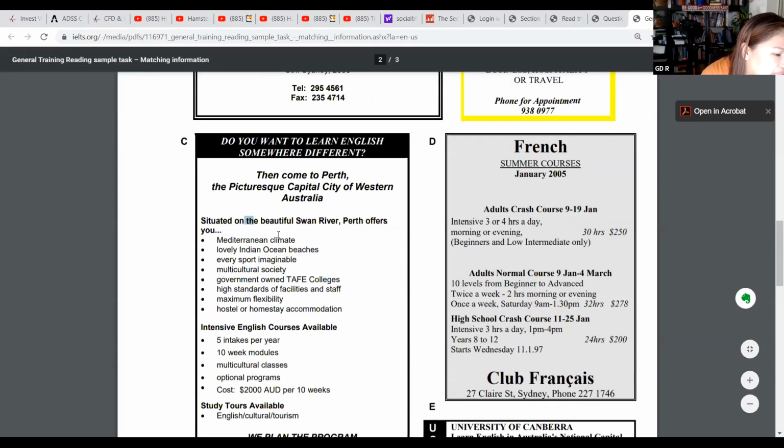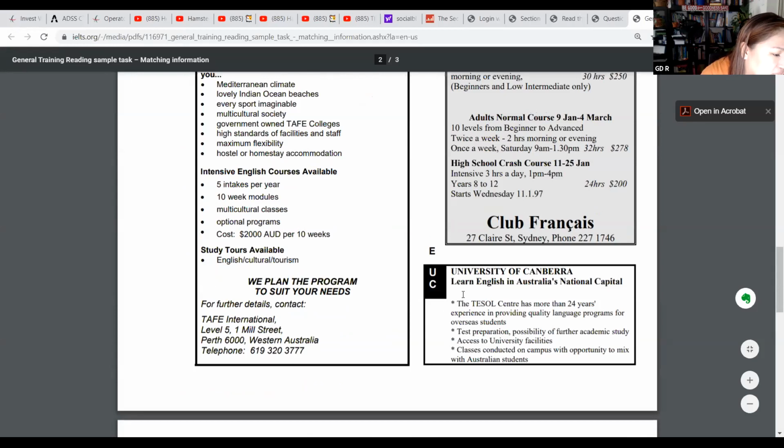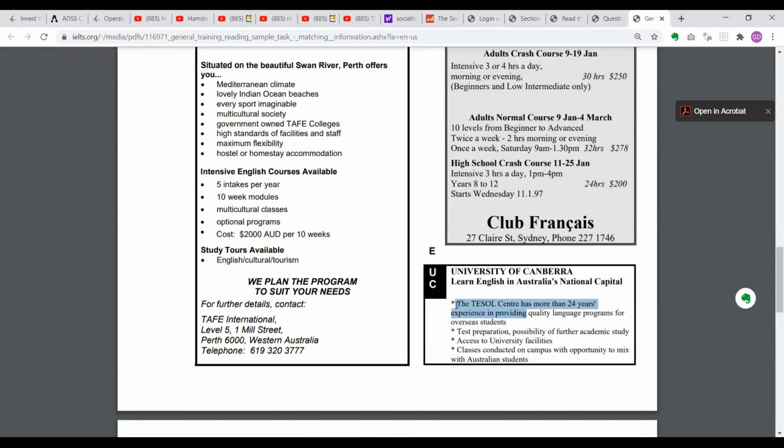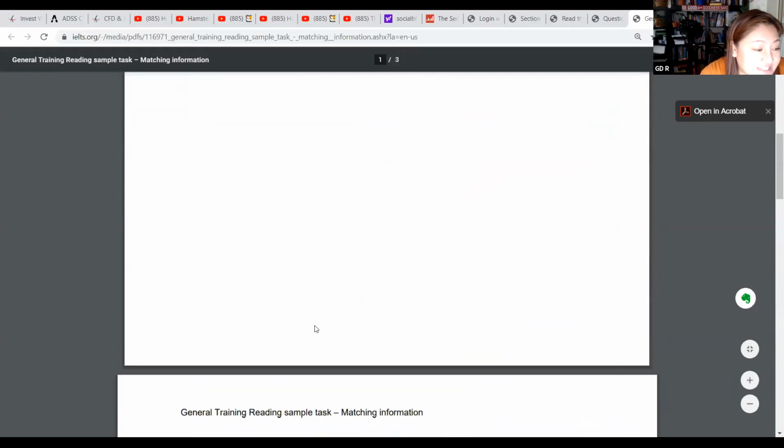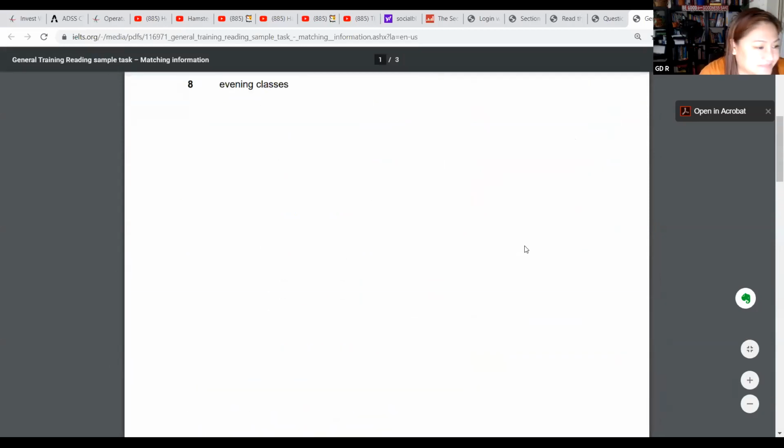Advertisement C, wala. Advertisement D, wala. Wala namang sinasabi na matagal na sila. Ito, advertisement E, the Sol Center has been there for more than 24 years. So ang sagot is letter E. So, try to answer this on your own later, class. This is one of the easiest, actually.